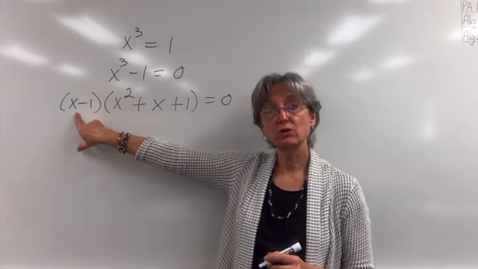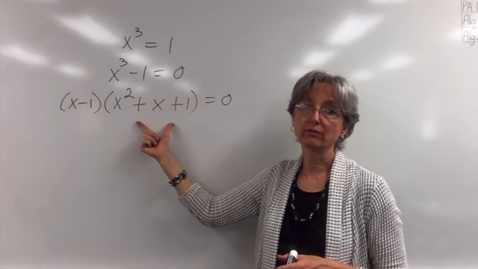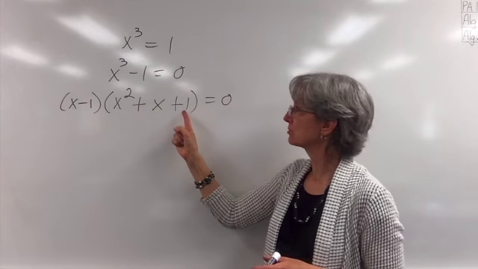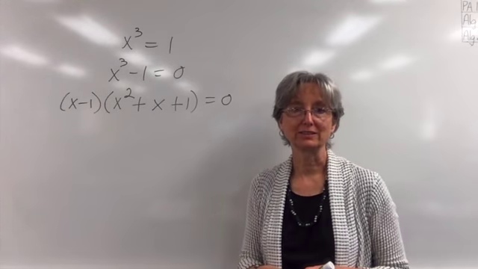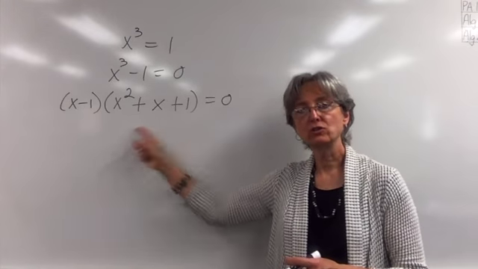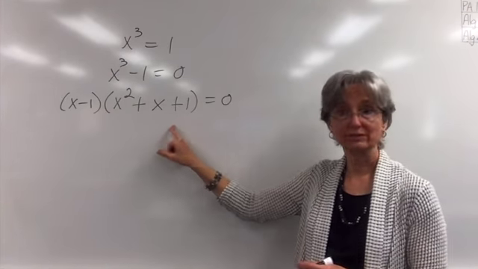This one we'll have to use the quadratic formula for, because 1 plus 1 would be 2. I can't factor this normally. So let's go ahead and do our quadratic formula. A is 1, B is 1, and C is 1.